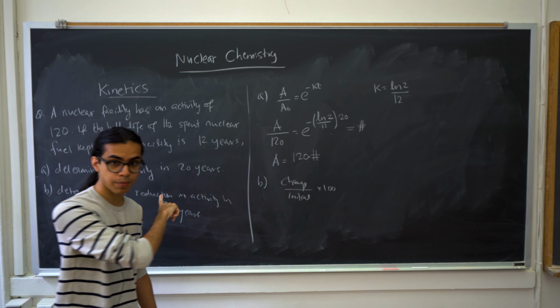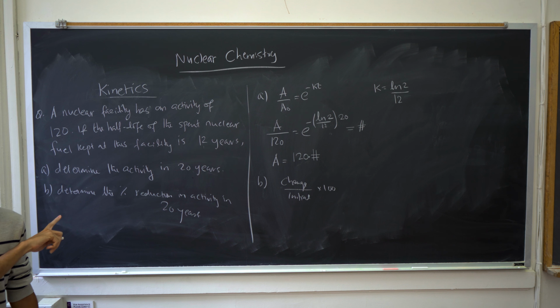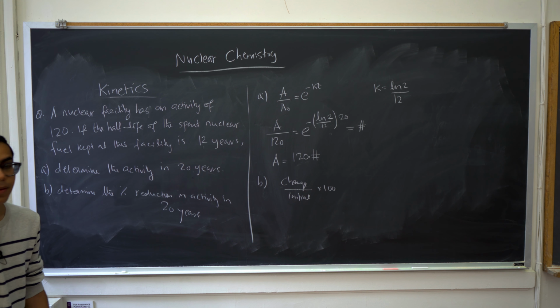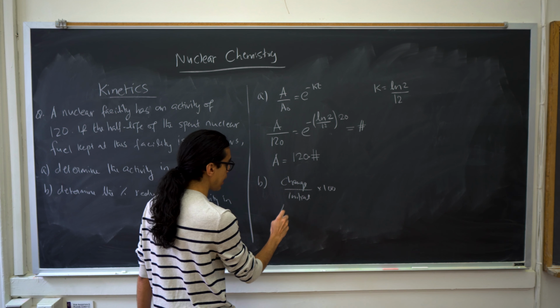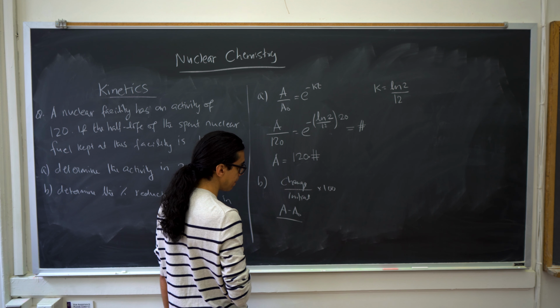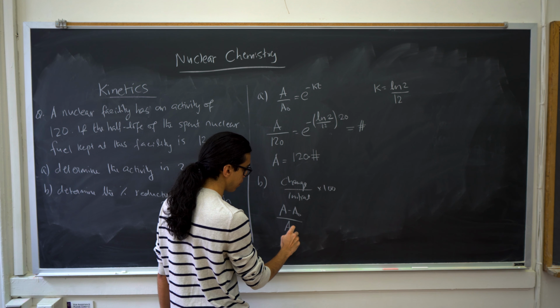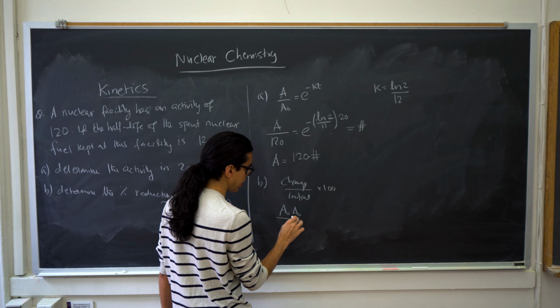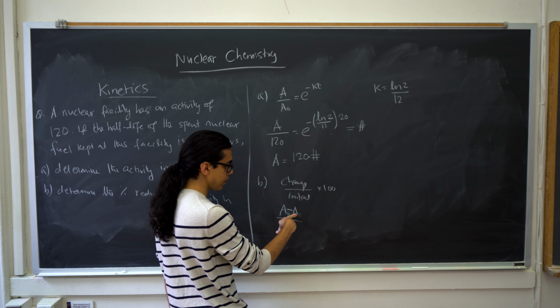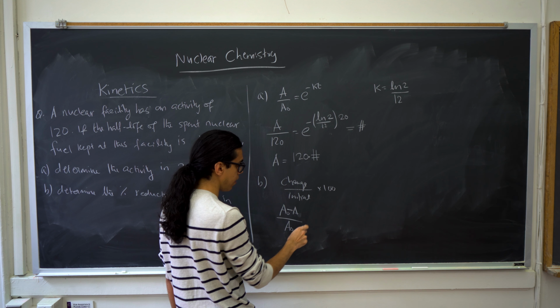It was higher at first, and then it decreased because activity goes down as samples decay. And so it would be A minus A naught divided by initial, which is A naught. Sorry, the other way around. A naught minus A. Initial minus the final value divided by A naught times 100.